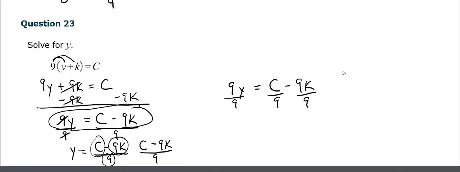So on the left-hand side, that reduces again to y. C over 9 cannot reduce. But here, 9 goes into 9 one time, so that would just leave us k. So another acceptable answer would be y equaling c over 9 minus k, written as two separate terms.